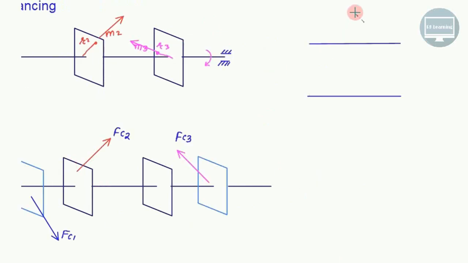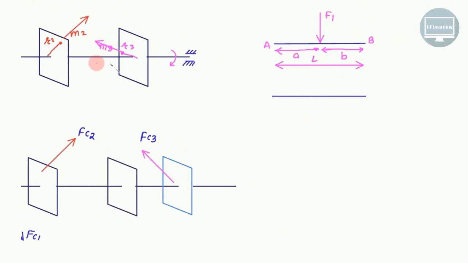Let's say we have one force here. And let's say we have one point equal to A and one point equal to B. So let's say this force is F1. And from here to here, we have a distance equal to A. And from here to here, distance equal to B. And the total distance equals L. As far as this figure is considered, sigma Fy is minus F1.